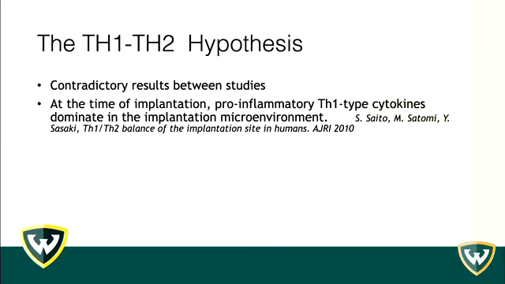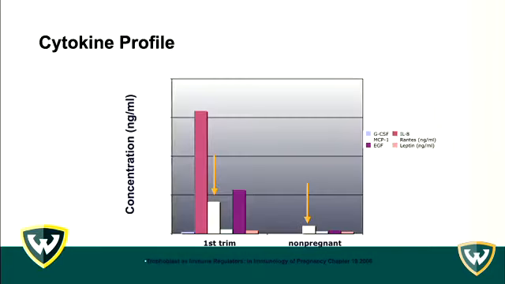The aspect also of this Th1, Th2 hypothesis, the anti-inflammatory condition of pregnancy: if we look at the literature, we see that there is a lot of contradictory data. Some studies show that indeed pregnancy is anti-inflammatory, but there is another report that says the opposite.